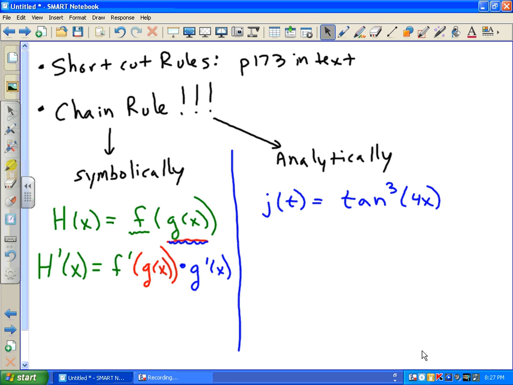Analytically, or equation based on the right, we have j of t equals tangent cubed of 4t. It's important to recognize that the outermost function is a cubing function. So in solving for j prime of t, we will first take the derivative of something cubed. The derivative of something cubed is 3 times that something squared.